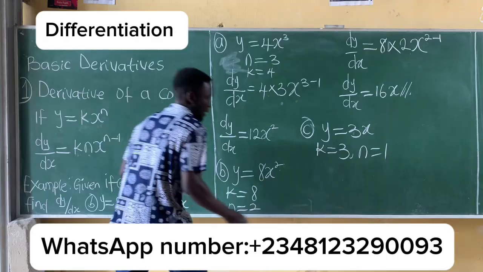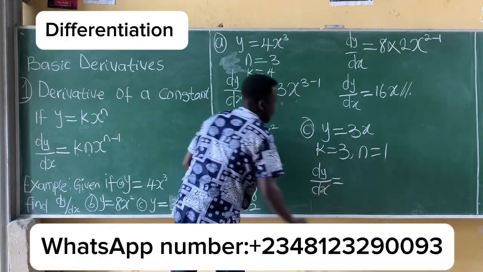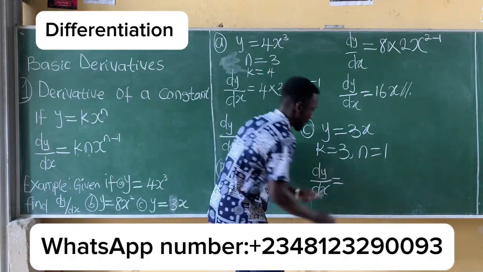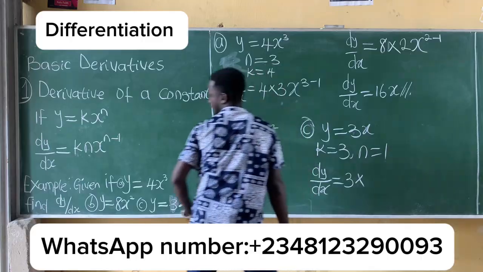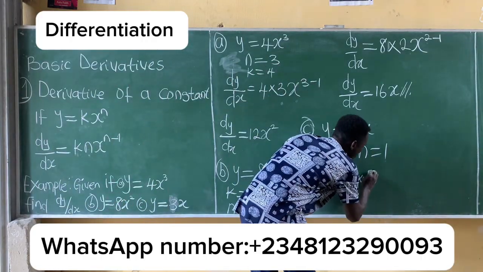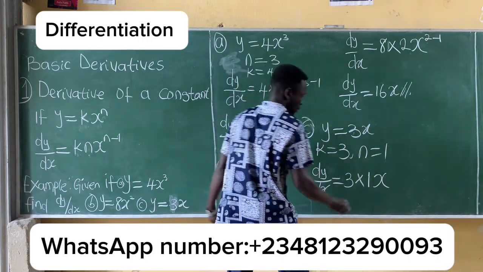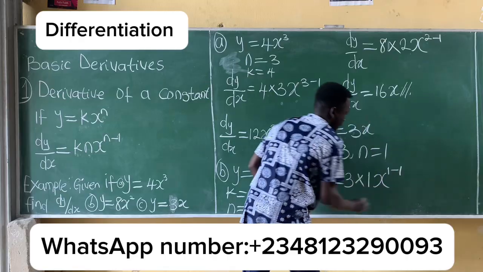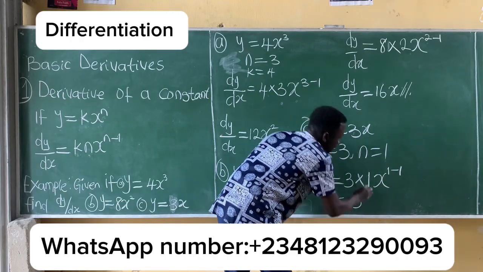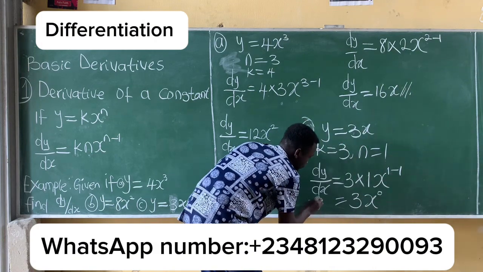To get your dy/dx, substitute into the formula. Our dy/dx here will be equal to k, which is 3, multiplied by n. Our n is 1, so it becomes 3 times 1, then x to the power of n minus 1, which becomes 1 minus 1. So 3 times 1 gives us 3, and 1 minus 1 is 0.